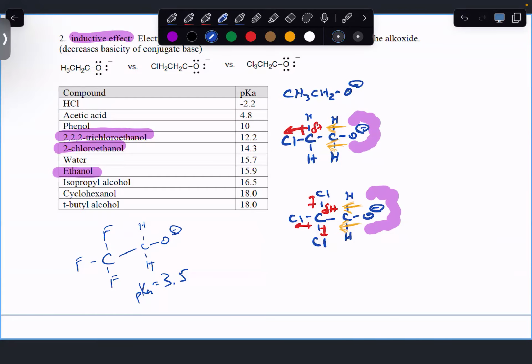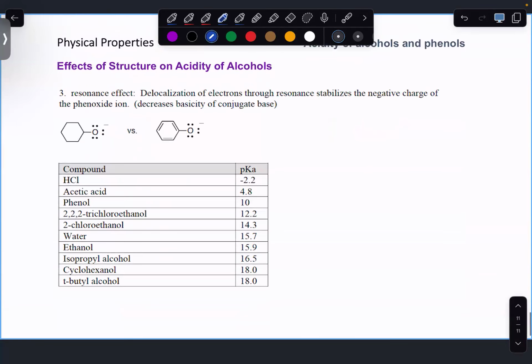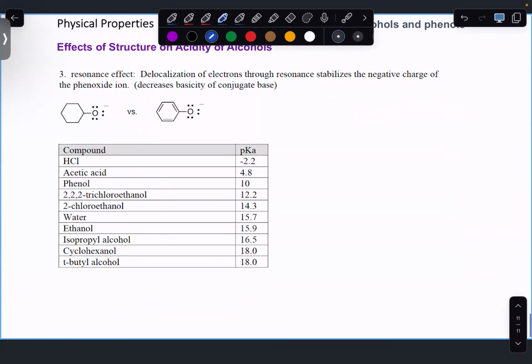And then finally, the resonance effect. So this is kind of a direct comparison between cyclohexanol versus phenol. If you look at those two structures, look at the conjugate bases of those two structures, they might look very similar at first glance.